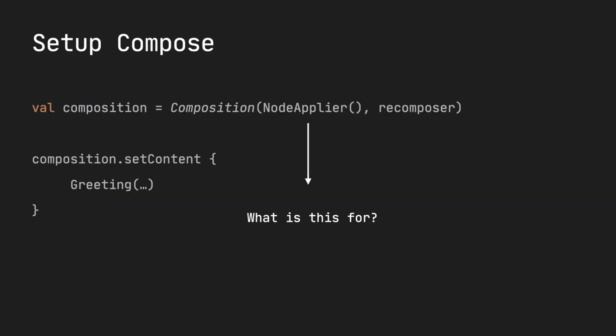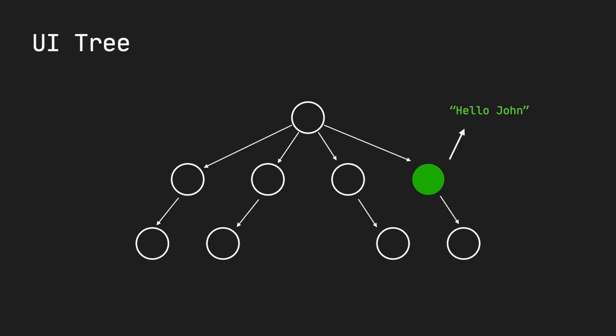When it goes and applies those changes in the changes list, it also tells the applier. That's what the purpose of the applier is, which is what you provided when you had set up compose. And what it does is that it basically tells you when updates are being done. There are callbacks that get fired in the applier.